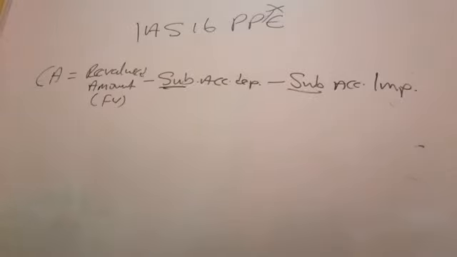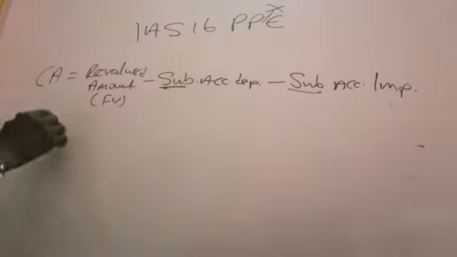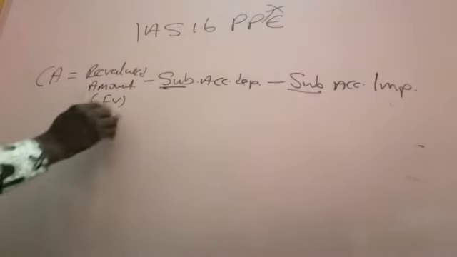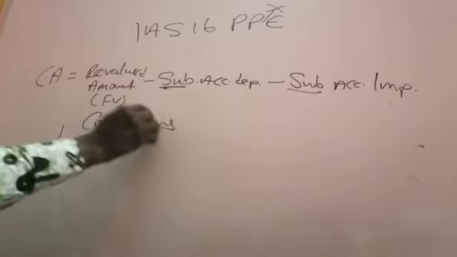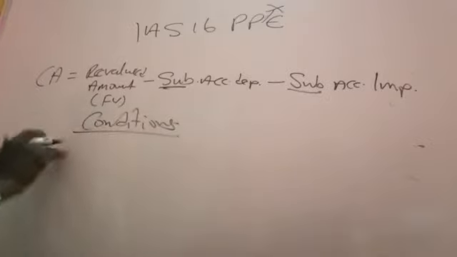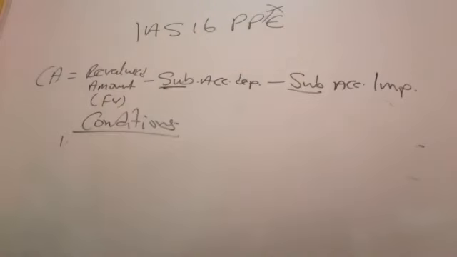Now let's look at the rules or the conditions of the revaluation, the conditions that we have to adhere to when we adopt the revaluation model. Rule number one: conditions for the revaluation. There are three that I'll give out of the four.